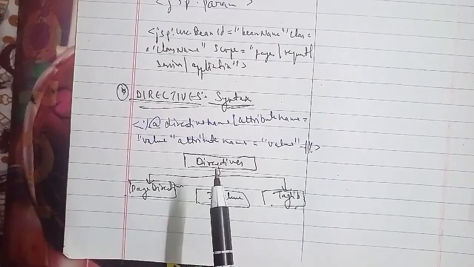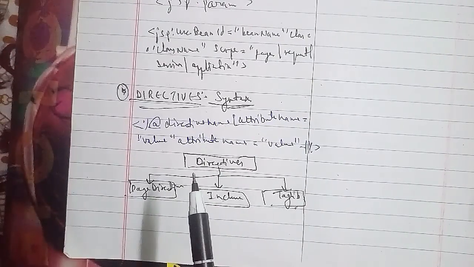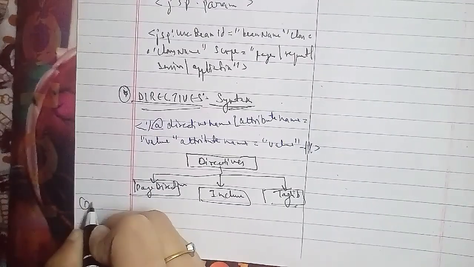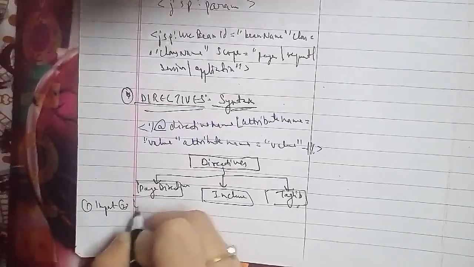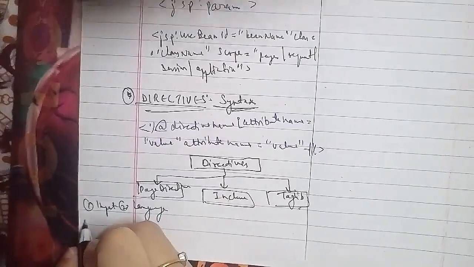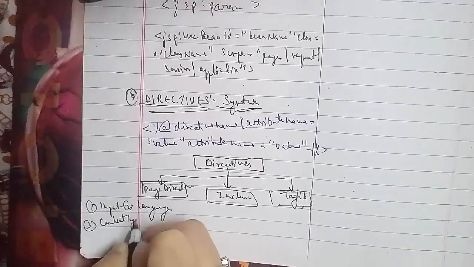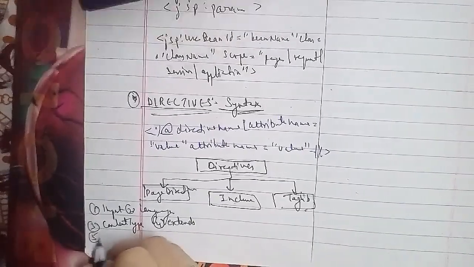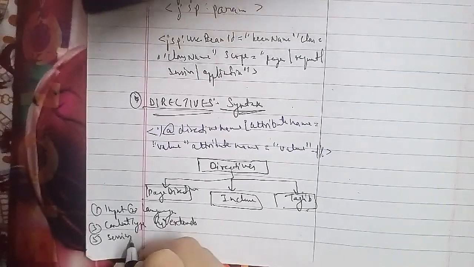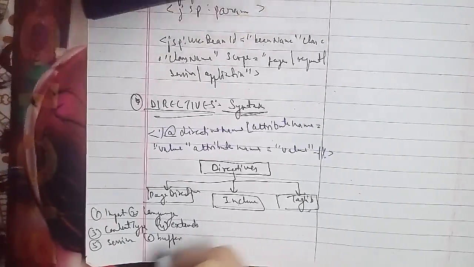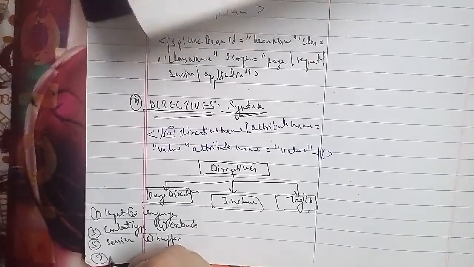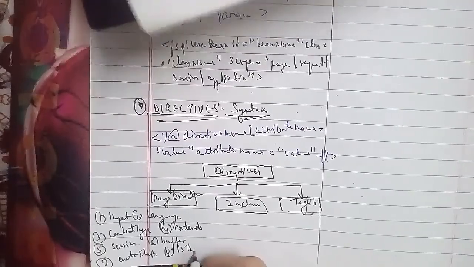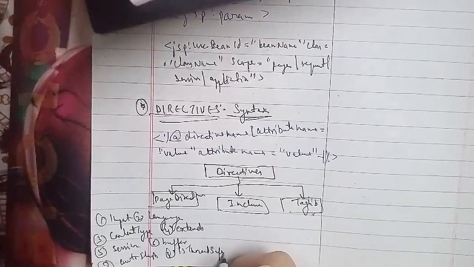First we have import, second language, third content type, fourth extends, fifth session, sixth buffer, seventh auto flush, eighth is thread safe, ninth info, tenth error page, and of course the 11th is is error page.